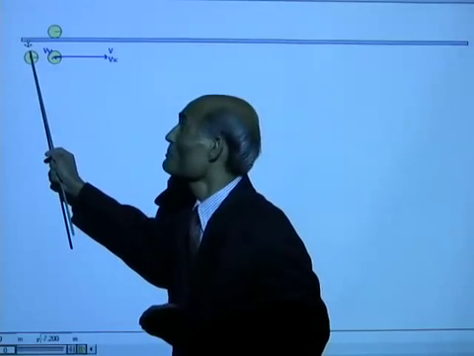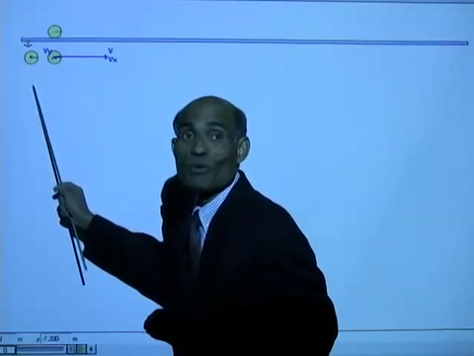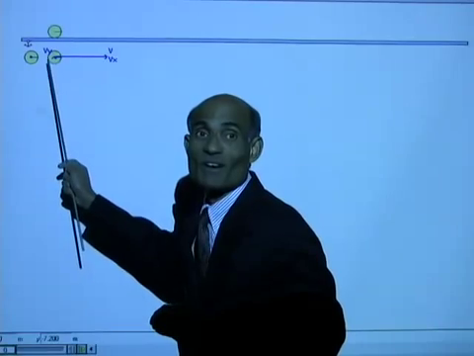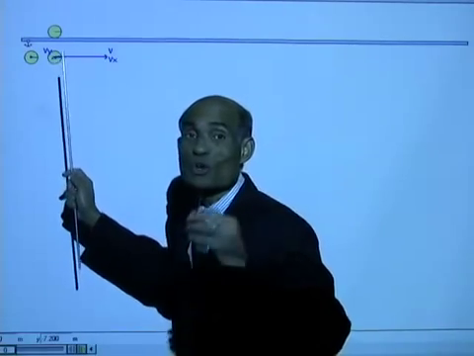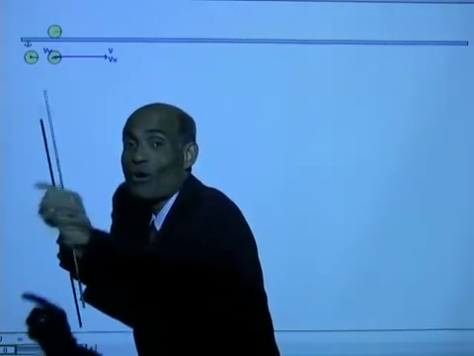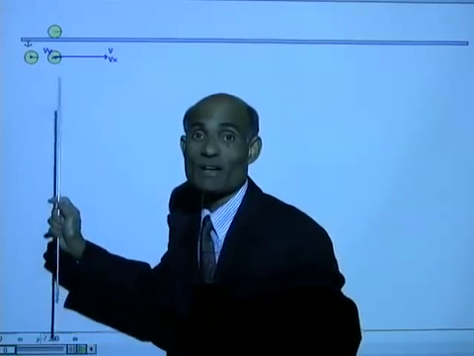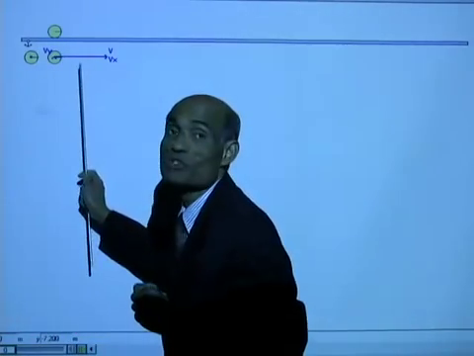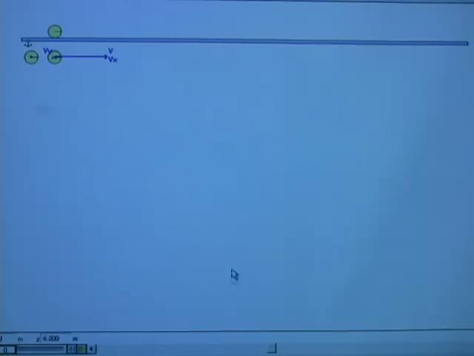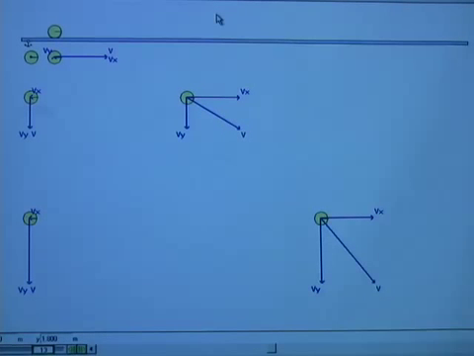This ball can only move in the y direction, whereas this ball is going to be projected horizontally. Alright, I want you to watch the motion when I run this animation. Watch each frame.